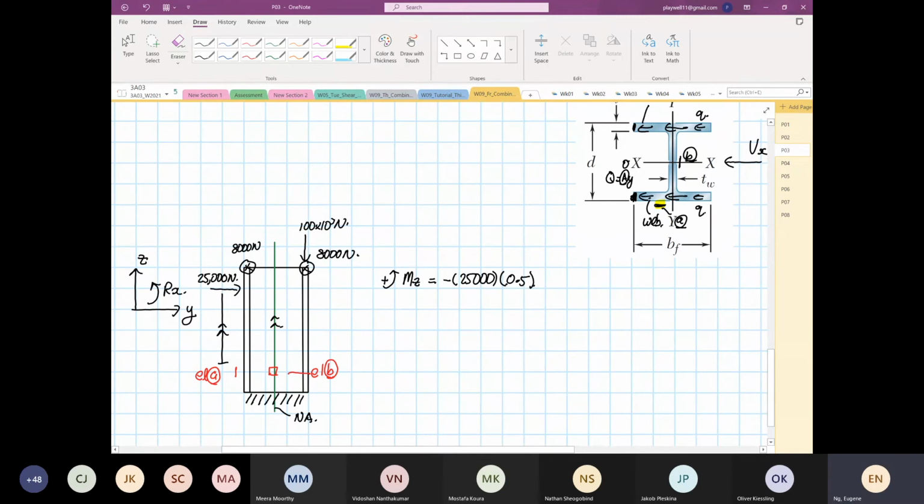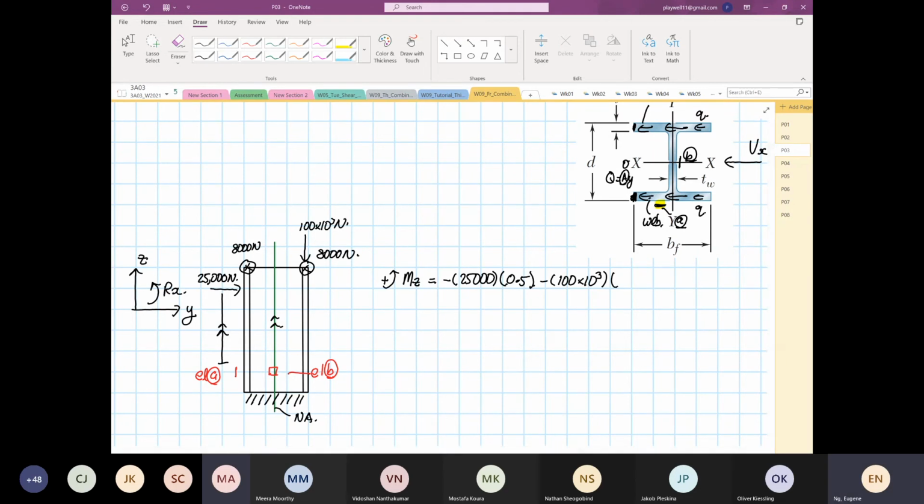Then the next one is also going to generate clockwise, so minus 100 times 10 to the power 3, minus 1. Now, what is this distance? Is it going to be towards the neutral axis or towards the element?